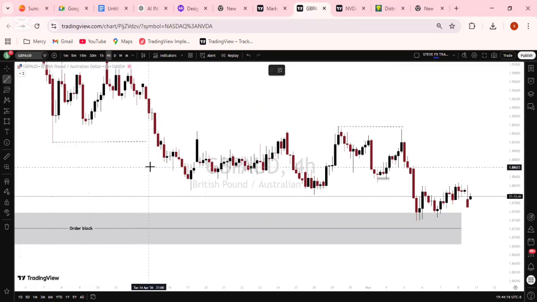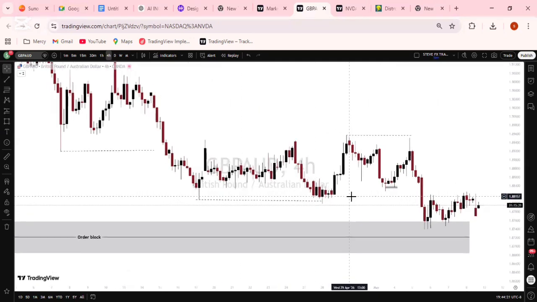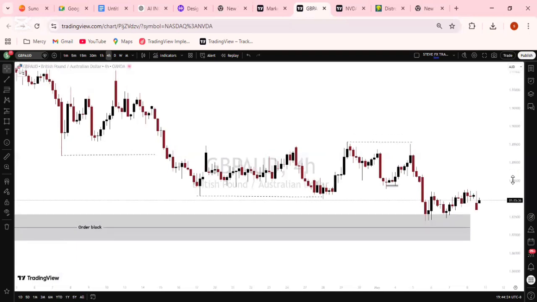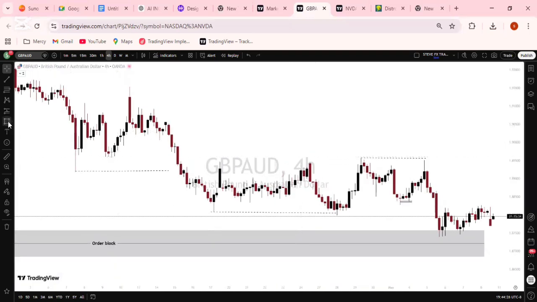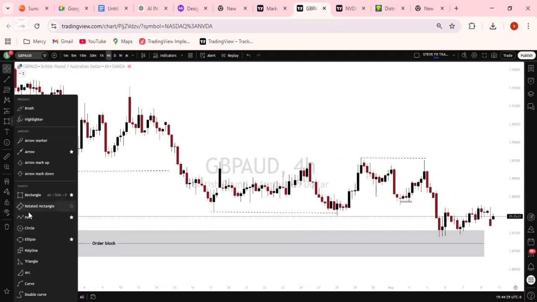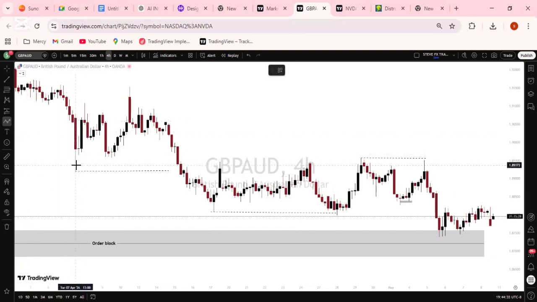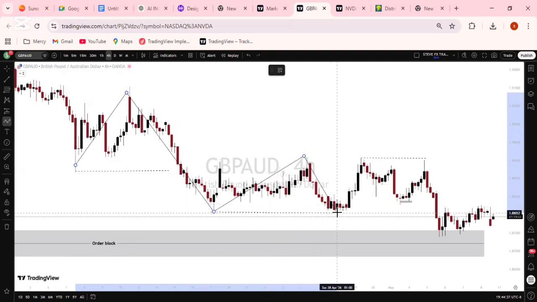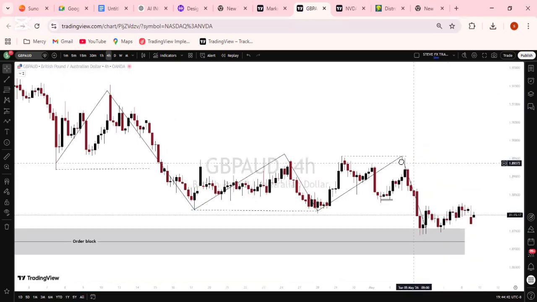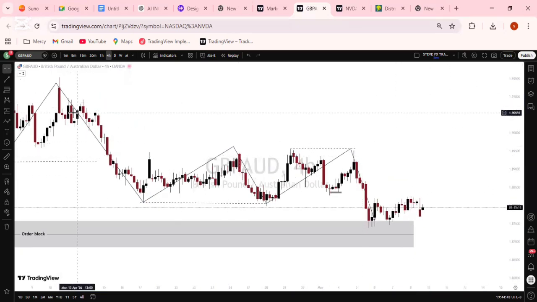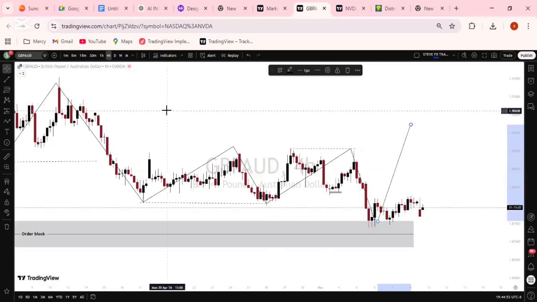So before we can confirm a bullish market continuation, we need to have what we call a shift in market structure, because all these structures are external structures. So before we will get a bullish confirmation, we need to have the market structure shift.